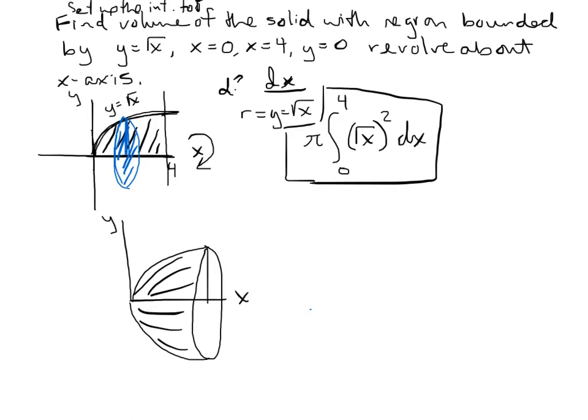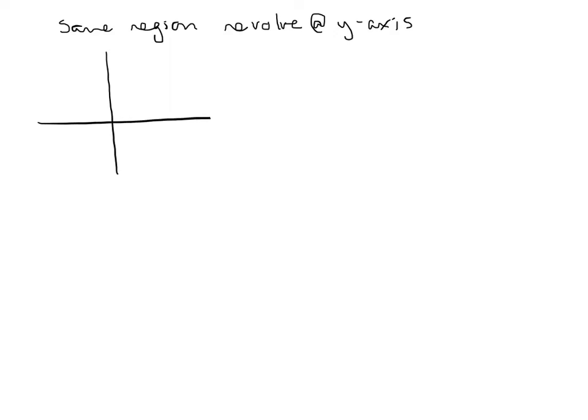Okay, so I want to take this exact same region, but now let's revolve it about the y-axis, so you can see how this would change. Okay, so I'm going to draw a picture, always.